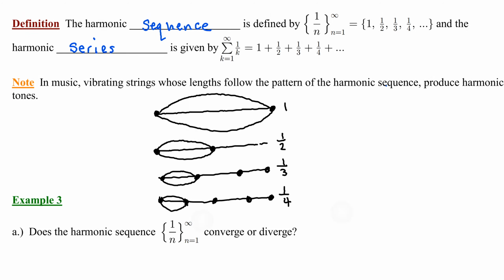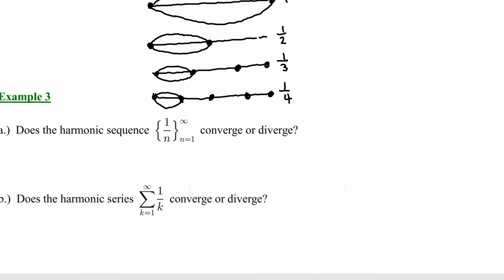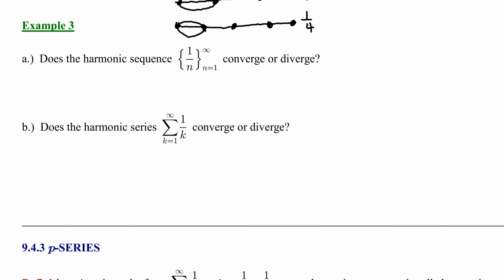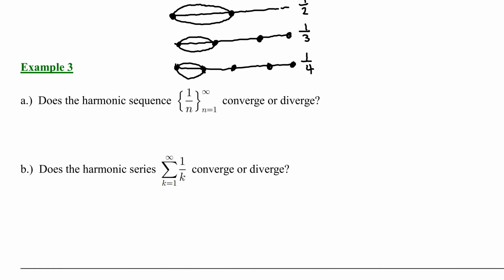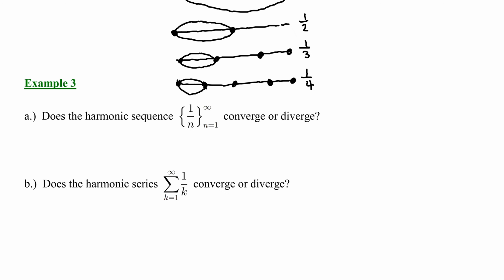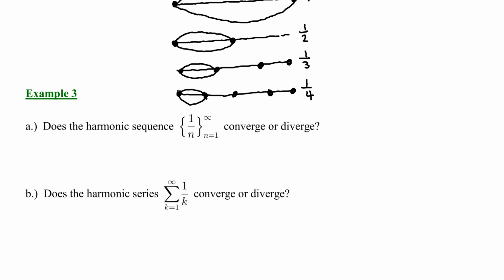Now, the relationship between the harmonic sequence and the harmonic series is really quite interesting, and our integral test is going to help us to do this analysis. First question, does the harmonic sequence 1 over n from n equals 1 to infinity converge or diverge? Now, mathematics is going to teach you critical reading. We're talking about the harmonic sequence.